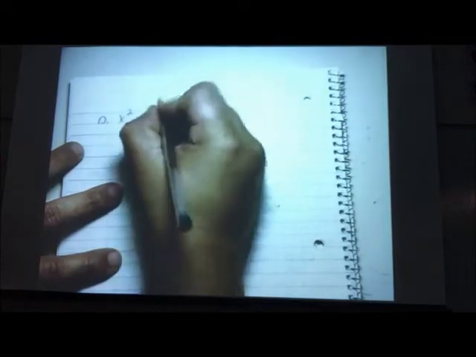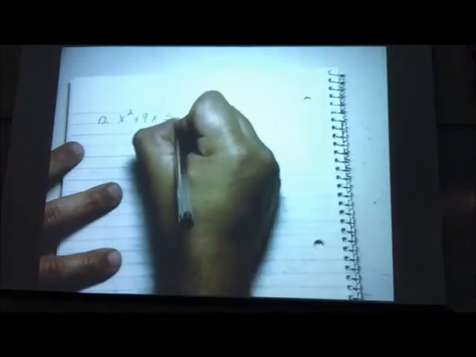We're going to go to D. For D, we are given x squared plus 9x is less than or equal to 0.